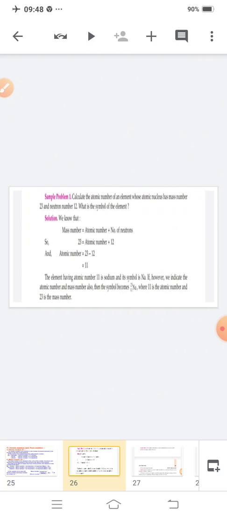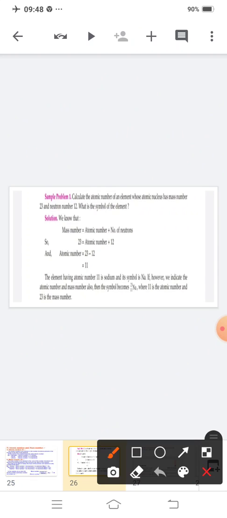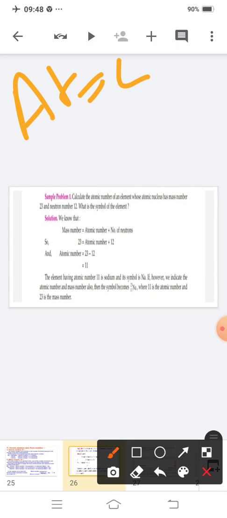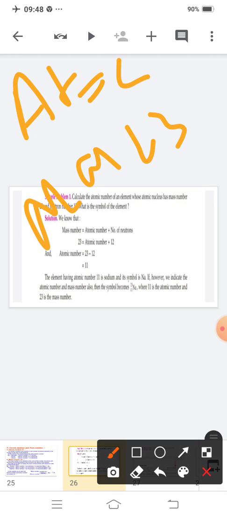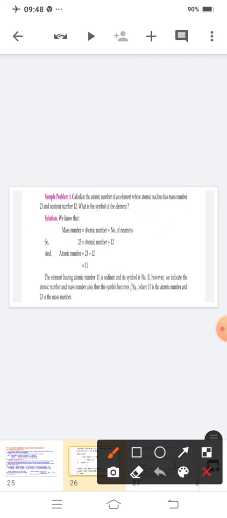They are very simple. Calculate the atomic number of an element whose mass number is 23 and number of neutrons is 12. Mass number is 23, and the number of neutrons is 12. We know that mass number is equal to atomic number plus number of neutrons.